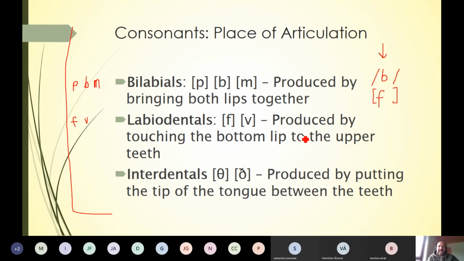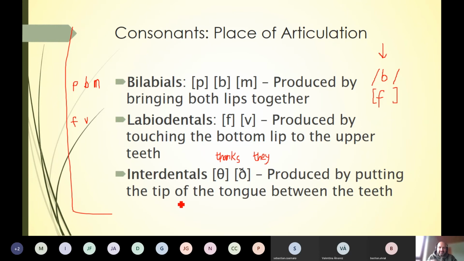We say fan, van, right? Fan, van. And the interdentals, th and th, as when we say, for example, thanks, right? And the, as when we say, for example, they.